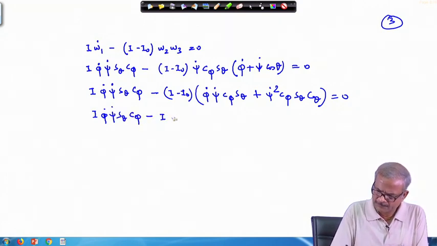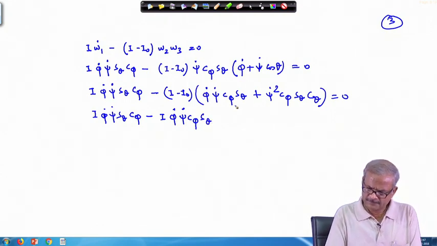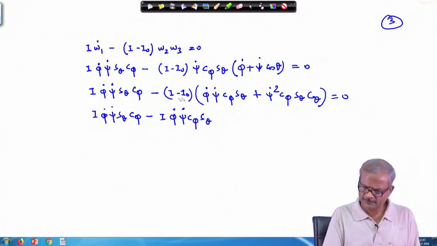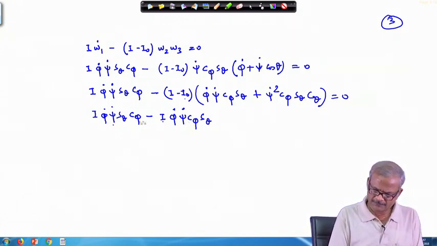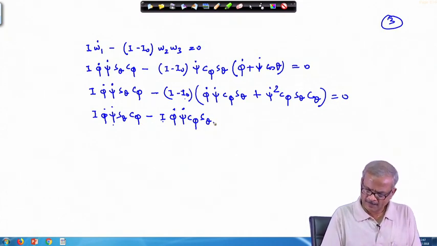And breaking it, minus I times phi dot psi dot C phi S theta, okay. And similarly, we will have a total of 2 terms here. So, if we break it, we will have 2 terms, okay. But what we can see is that these 2 terms will cancel each other. So, the case gets simplified.